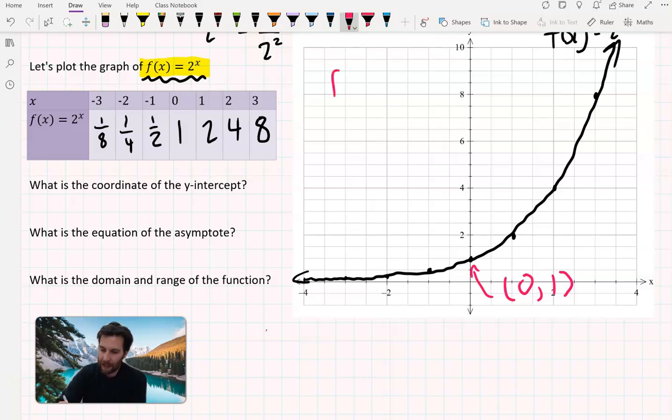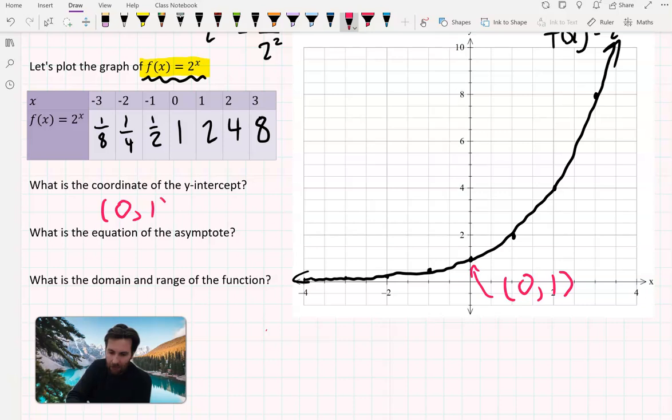If we had, say, f of x equals 3 to the power x, and we're finding the y-intercept, 3 to the power 0 is still 1. If we had f of x as 10 to the power x, the y-intercept would still be 1. If it was a million to the power x, it'd still be 1 when x was equal to 0.